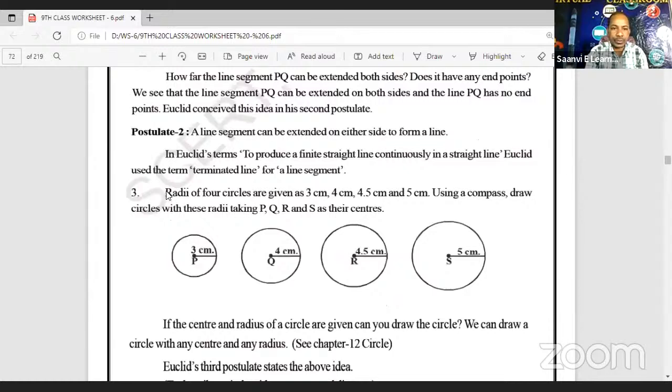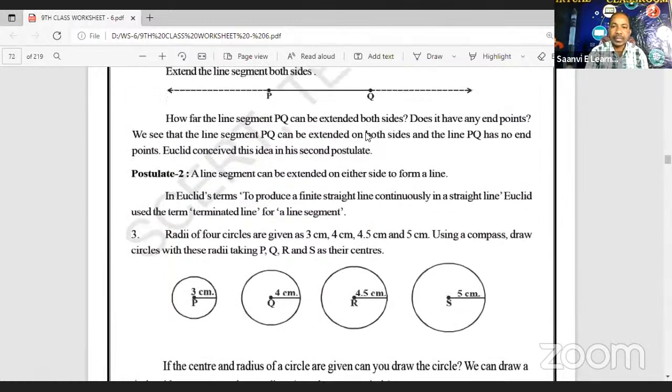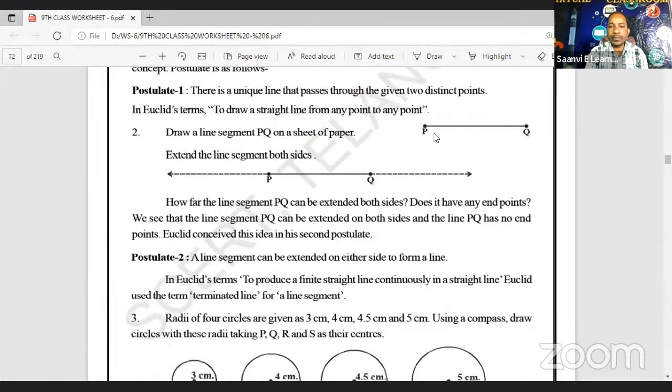Coming to the second postulate. What is given? A line segment can be extended on either side to form a line. See, PQ is a line segment.